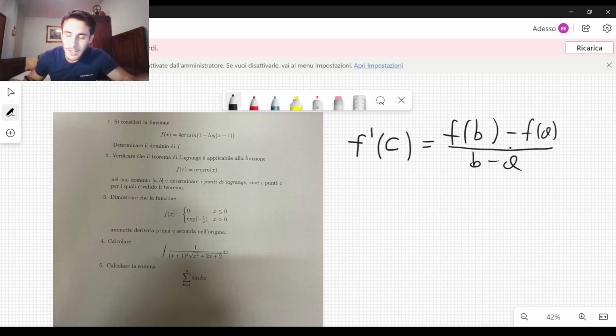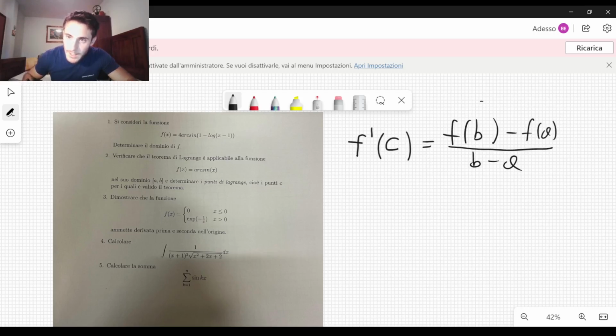So Lagrange's theorem tells us that there exists, in some interval ab, which is the domain of the function arcsine of x, a function that is limited between minus pi over 2 and pi over 2, a point C, at least one point C, such that f prime of C is equal to this ratio.